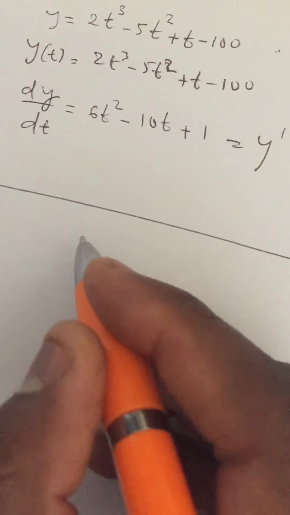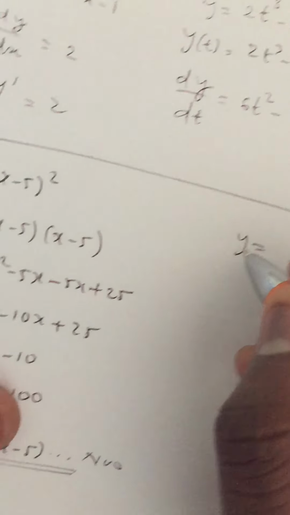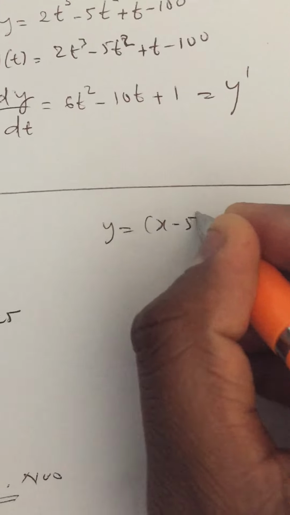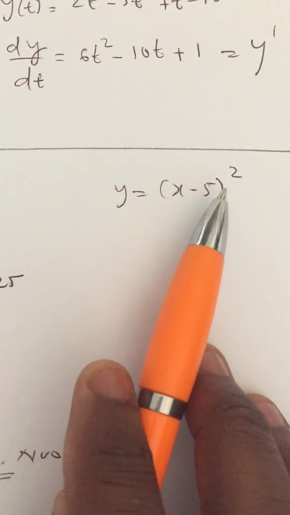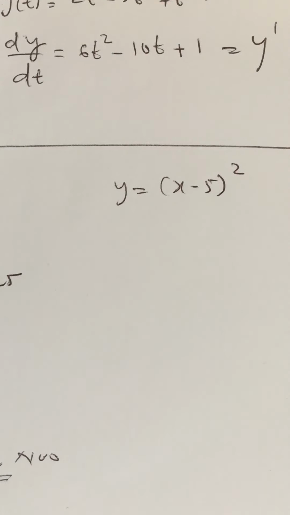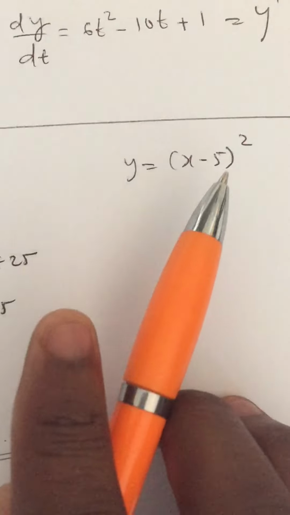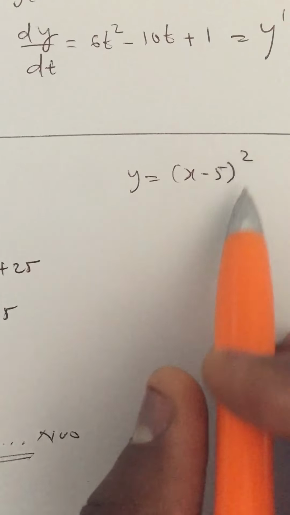So let's say we have, obviously, y equal to x minus 5 to the power 2. For this case we have only the plastic and the sweet. So what do you do? You deal with the plastic first.